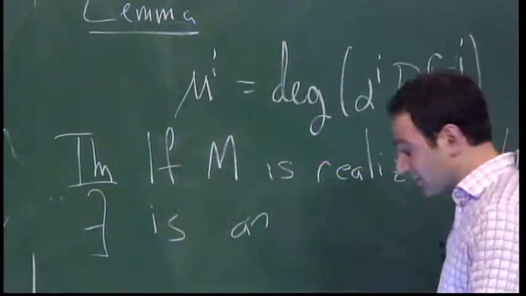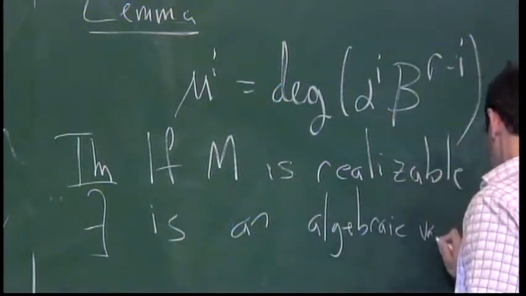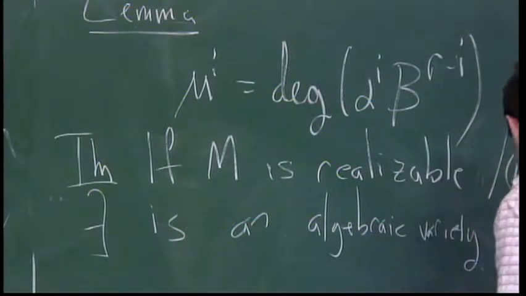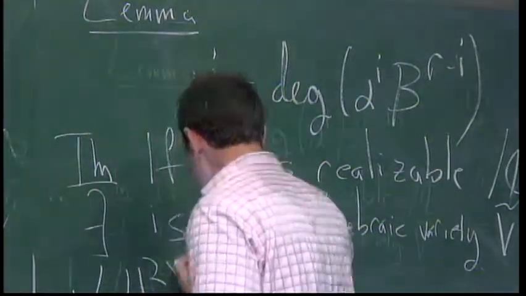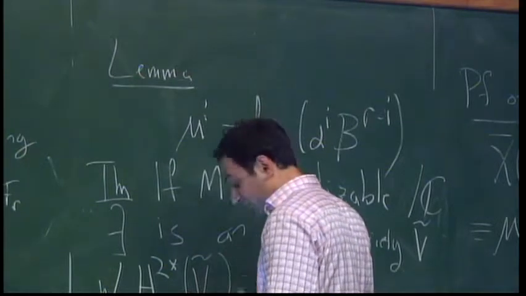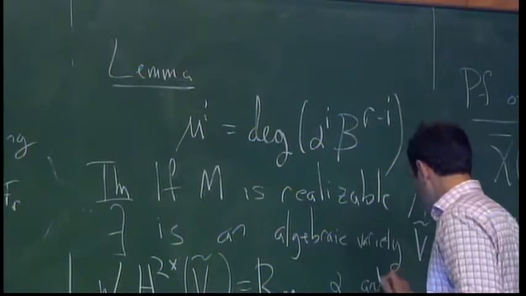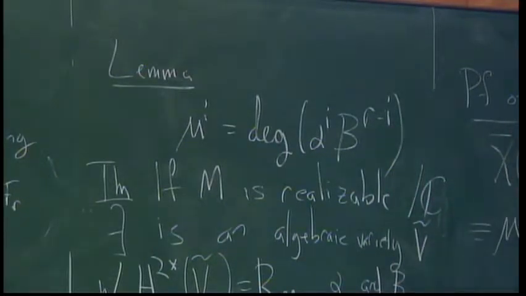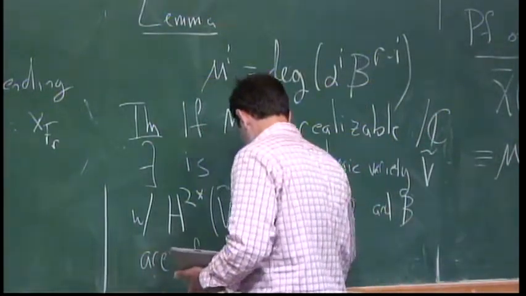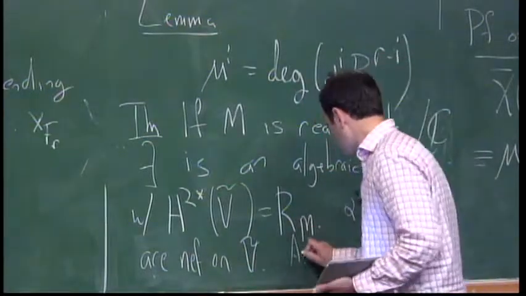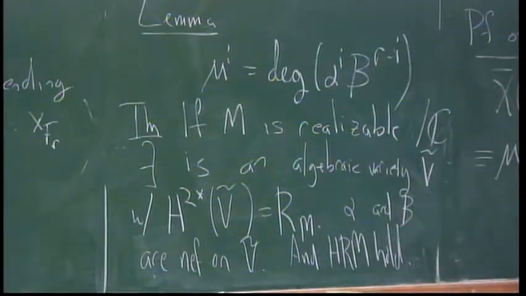If M is realizable over C, there is an algebraic variety V tilde whose even cohomology is our ring. Moreover, alpha and beta correspond to nef classes on V tilde. And the Hodge-Riemann-Minkowski relations hold for suitably perturbed alpha and beta.